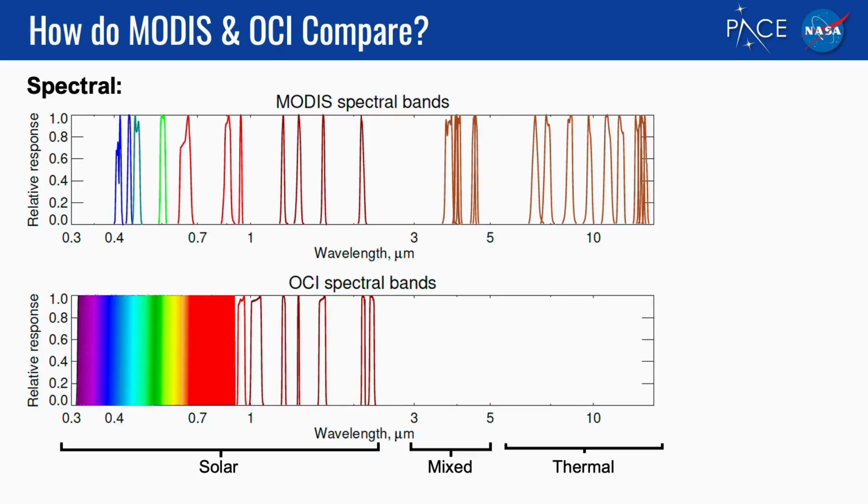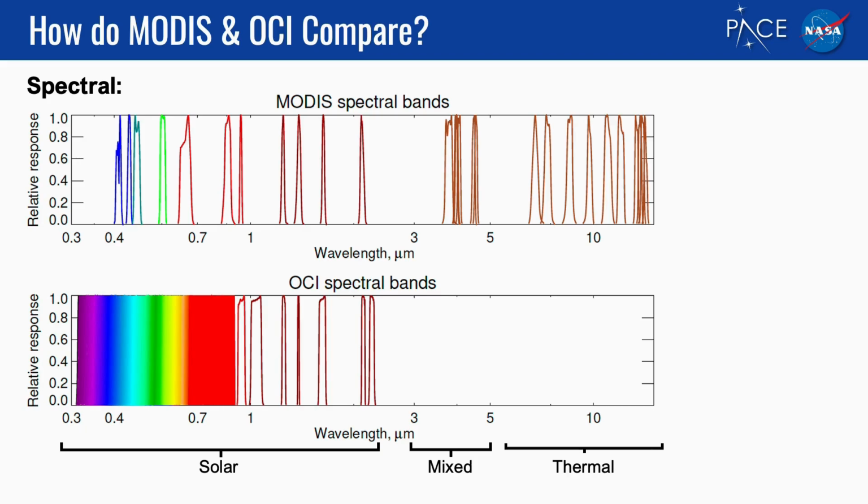So PACE is building on instruments that have flown for decades by NASA and other agencies, including one of the possibly best known ones, MODIS, which is on the Terra and Aqua satellites. So how do MODIS and OCI compare? Up here on the top row of this figure, we have spectral response functions of a subset of MODIS's 36 bands.